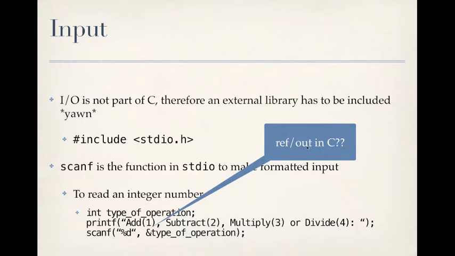And this is the question: is this ampersand now the ref/out equivalent in C? Well, nearly. Just keep it as this. We will look into a few other examples, and then I will explain what is really behind this ampersand.